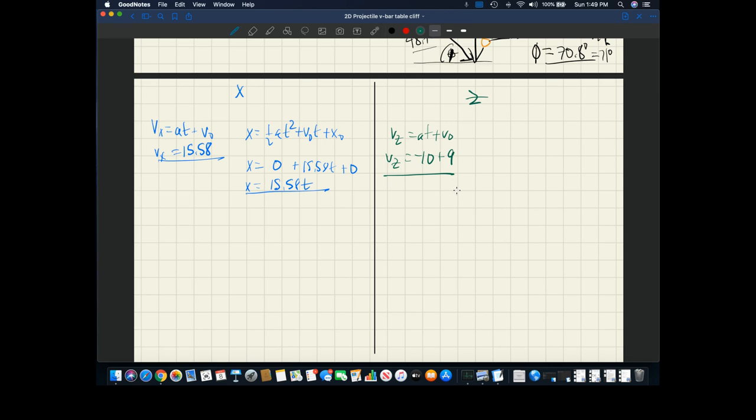So this equation is the same. And z is 1/2 at squared plus v0t plus z0. Acceleration is minus 10. Initial velocity vertically is 9. And z0 is 0. So we have the position of the ball is minus 5t squared plus 9t, which is also exactly the same equation.